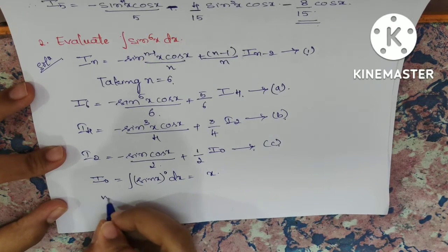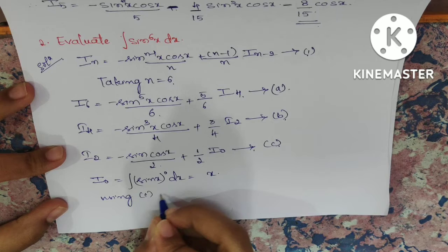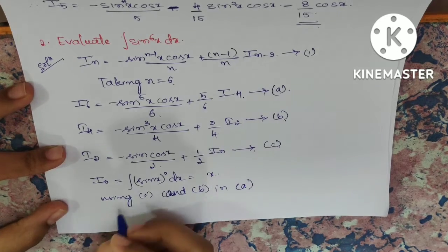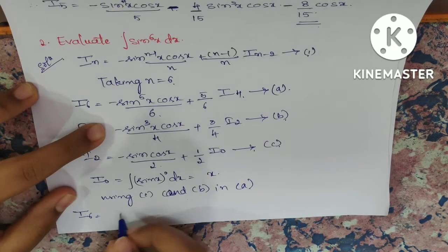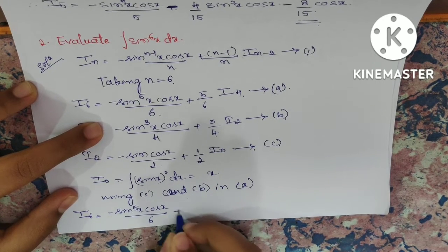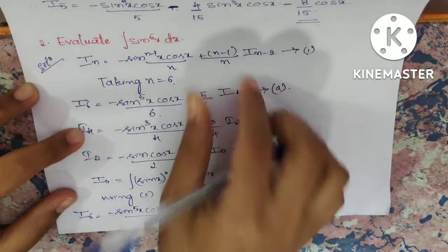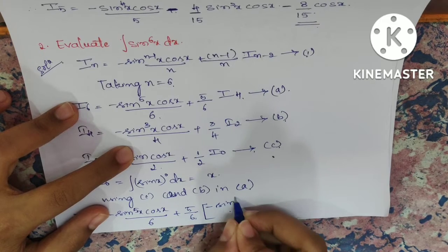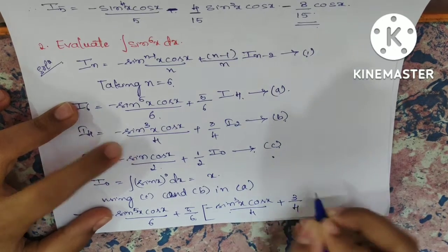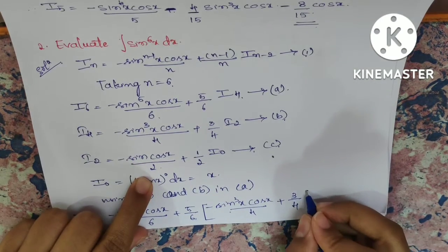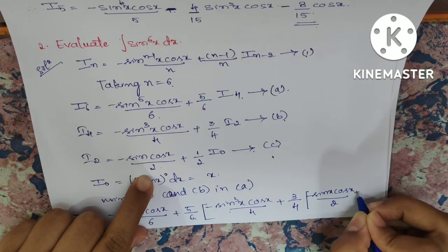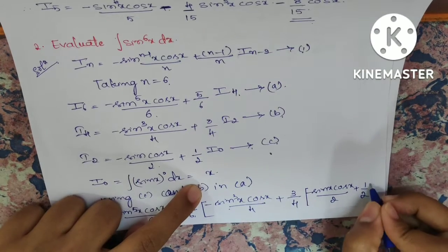Now using C and B in A, we get I6 equals minus sin power 5x cos x by 6 plus 5 by 6 I4, where I4 is minus sin cube x cos x by 4 plus 3 by 4 I2, where I2 is minus sin x cos x by 2 plus half I0, and I0 is x.